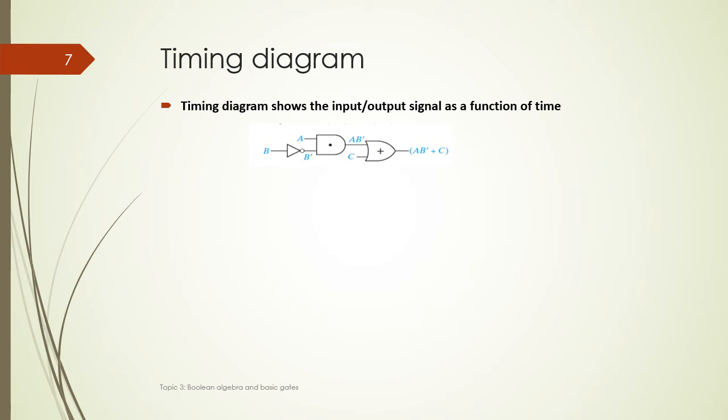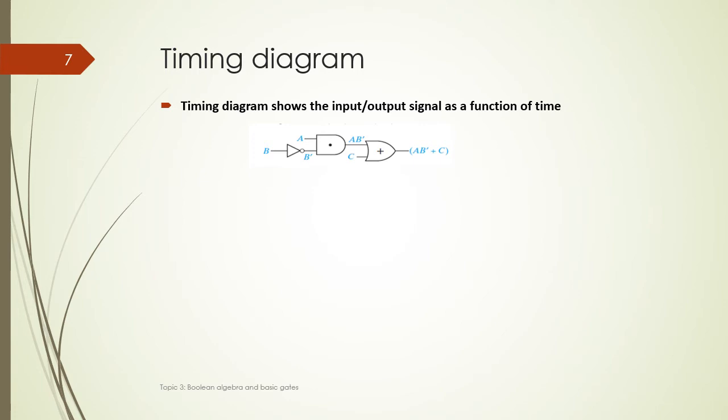Before, we had a truth table listing out everything. We should know how that system works, how the output changes with the input, right? But here we just use a different way to represent that, as a function of time. So let's see what I'm talking about.